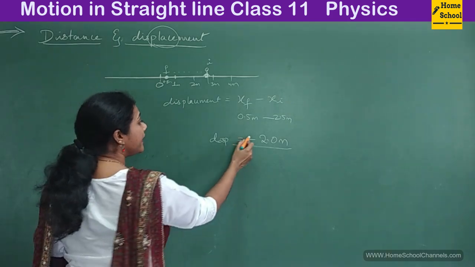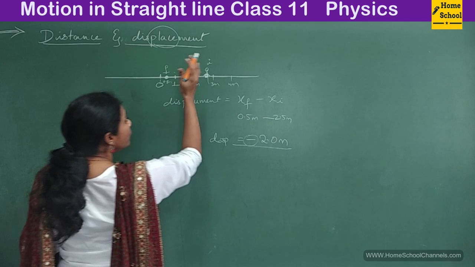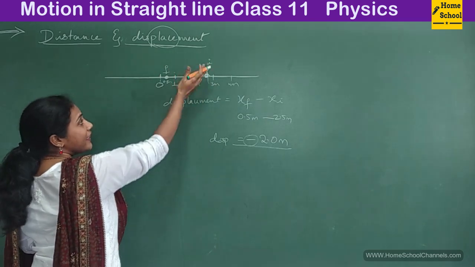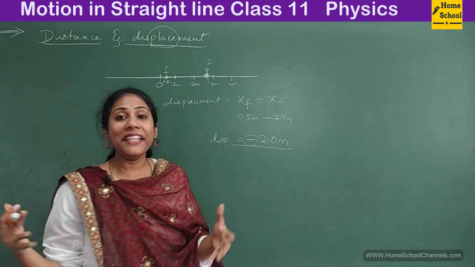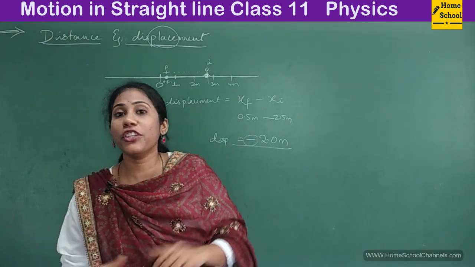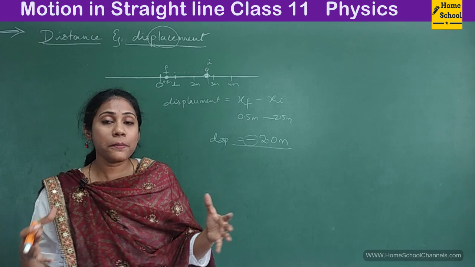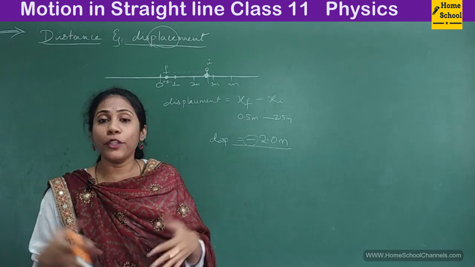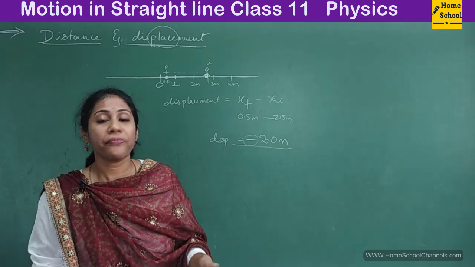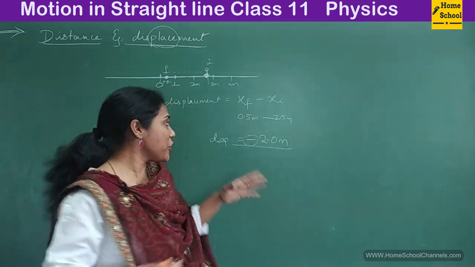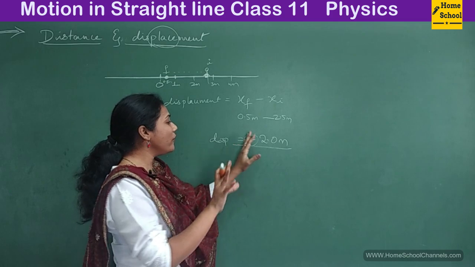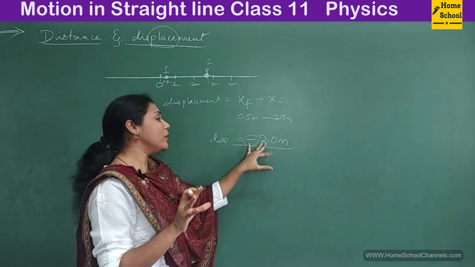This negative sign tells you the direction in which you are moving. It will give you an idea about in which direction you are actually moving. So displacement is a vector quantity, and you need to consider the direction also. But in this chapter, we don't discuss too much about direction, so we don't need to worry about this sign.